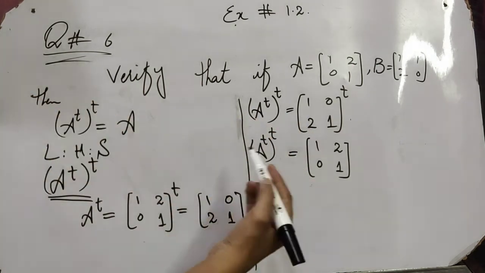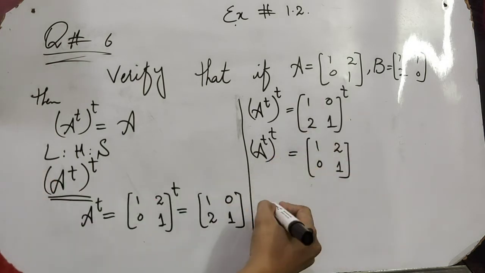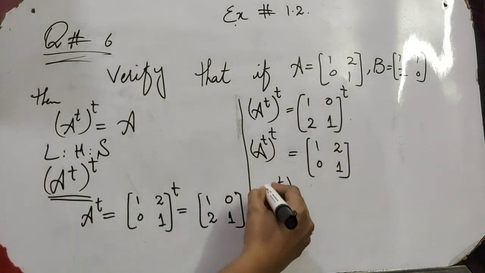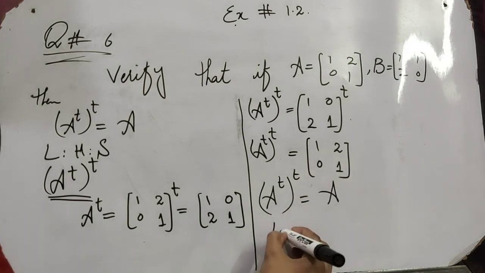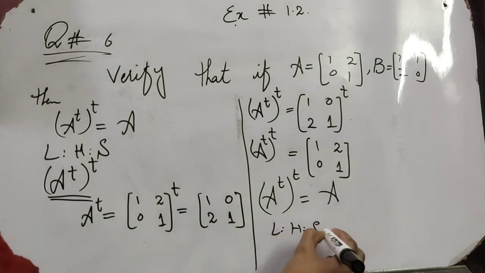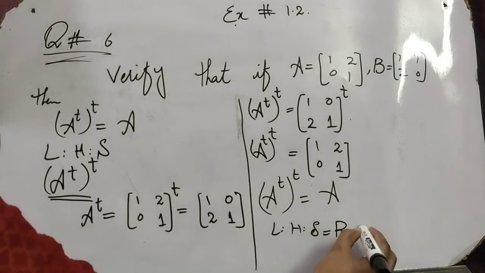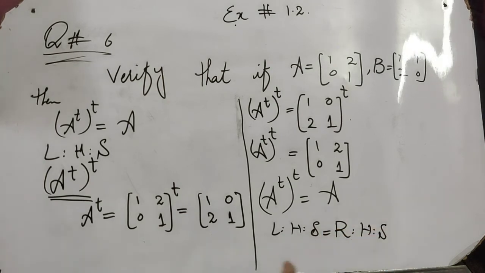So we can easily see that this is again A, so we can say the transpose of A transpose will be equal to A. So left hand side is equal to right hand side. This is the most simple question.